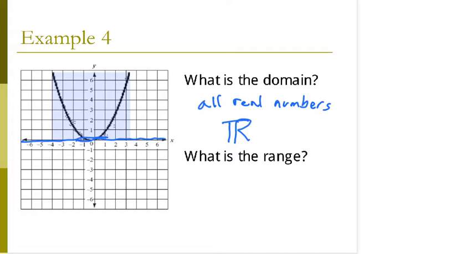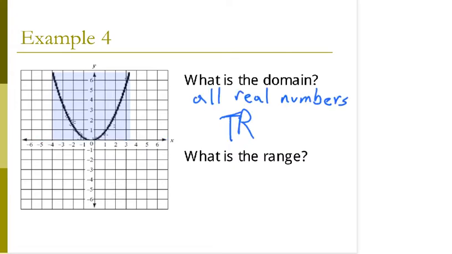For the range, we'll notice that there are no, let's say I use -1. If I go left or I go right, I'm not going to meet up with any point on this graph. So -1 is not included. Same thing with -2. If I go left or right, I'm not going to find anything on the graph. So I have to start here at 0. At 0, I have some value that's on the graph.